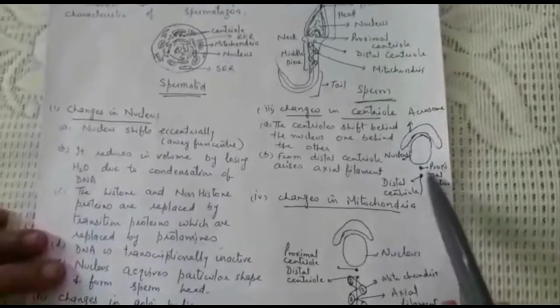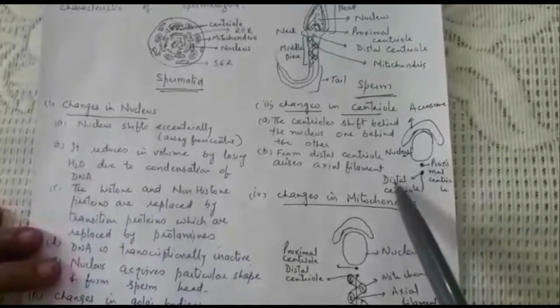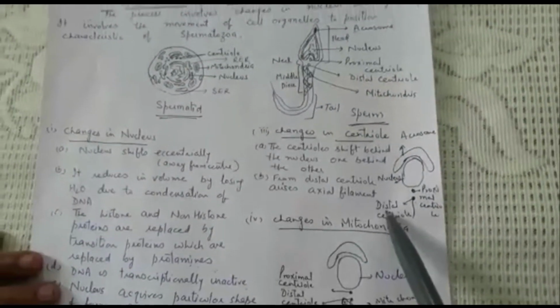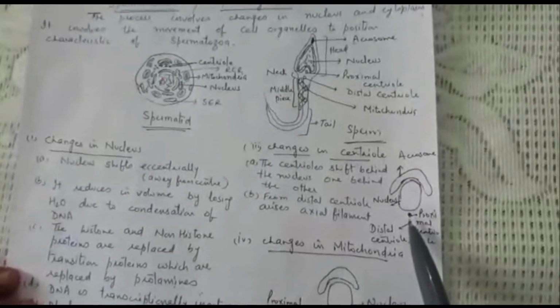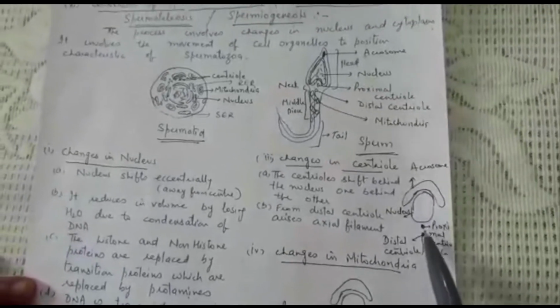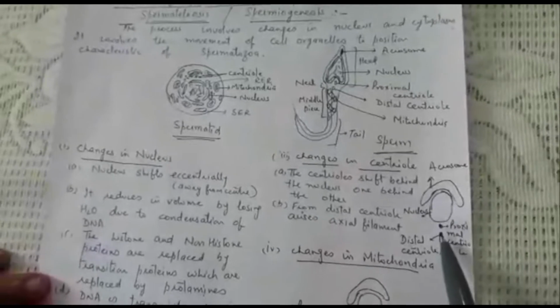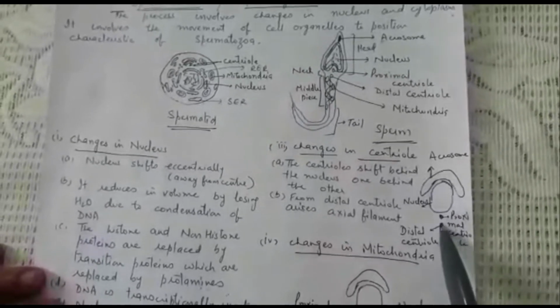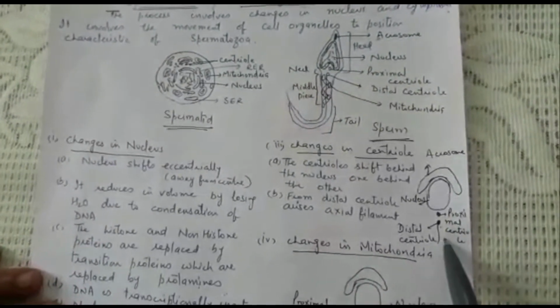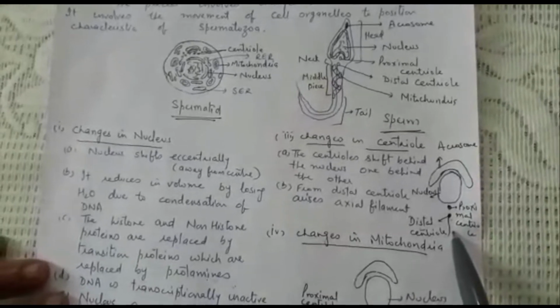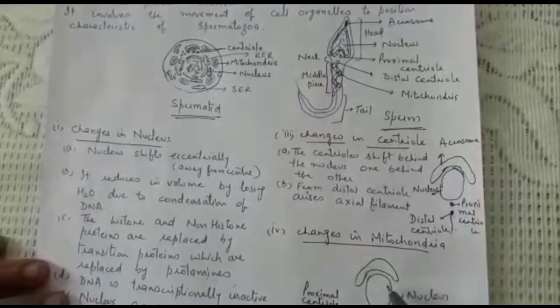Anterior one acts as proximal centriole, posterior one acts as distal centriole. Each centriole is made up of 9+2 arrangement of microtubules that you have studied in lower classes. From distal centriole arises the axial filament. Here we have shown a small part of axial filament. So these are the changes in centriole.